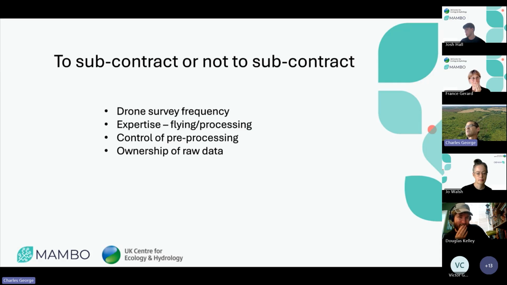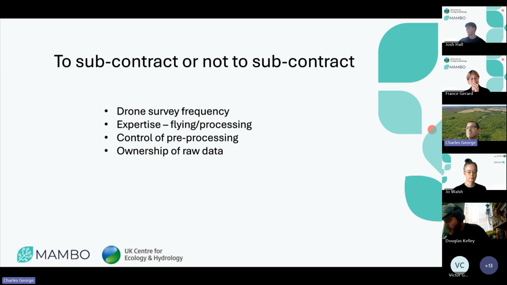Whether to subcontract or not to subcontract, I think this generally comes down to cost. It's the frequency of your surveying which probably will dictate. If you're flying maybe just once or twice a year, then it probably makes more sense to subcontract it out.